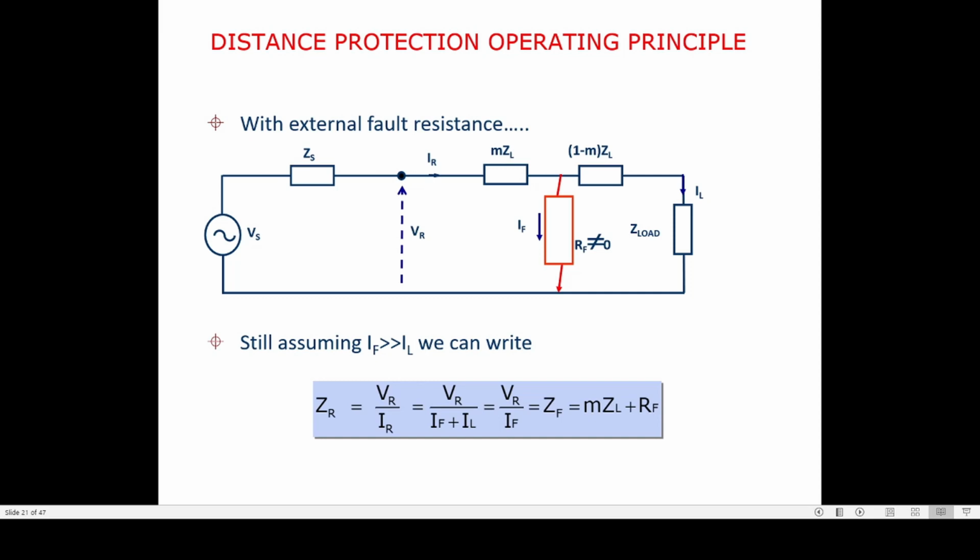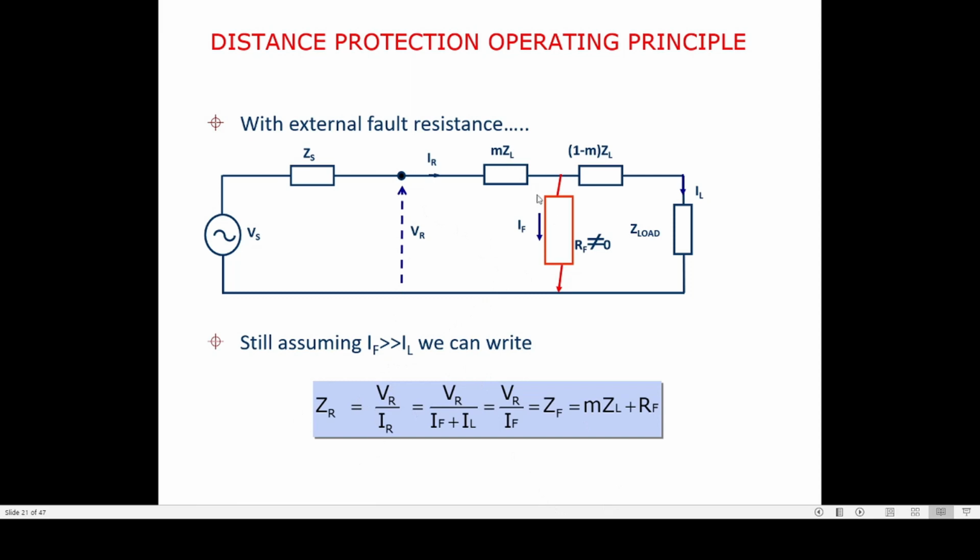Those kinds of effects, along with the effects of infeed, we will consider in subsequent lectures, because this is only the basic lecture for build-up purposes. Now, up to this point, you already know how we have calculated this impedance.